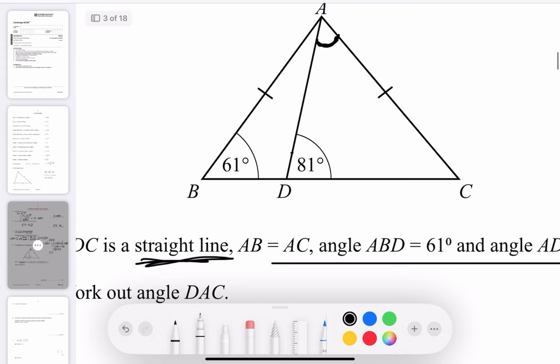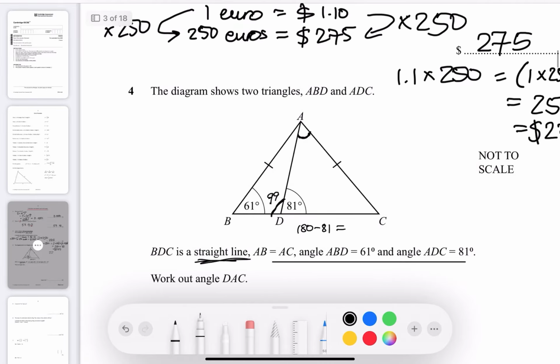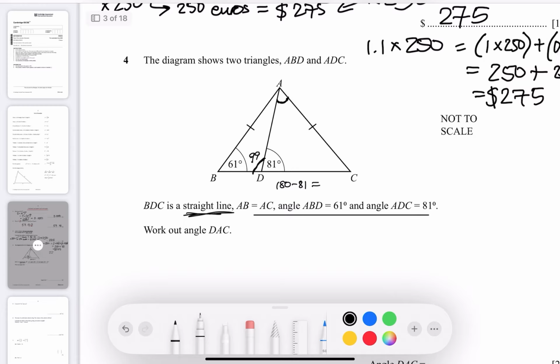So therefore, this angle right here, ADB, is 180 minus 81. Here, another part where your non-calculator skills will come in handy. This is just 99. And then, if we look at triangle ABD, the angles in a triangle add up to 180.